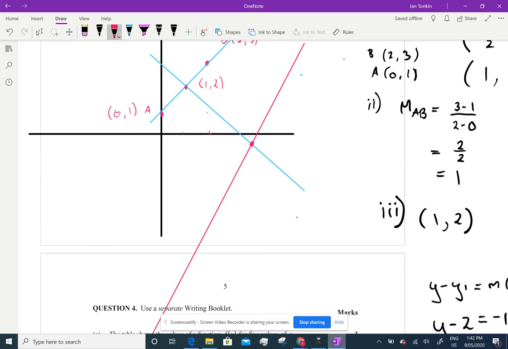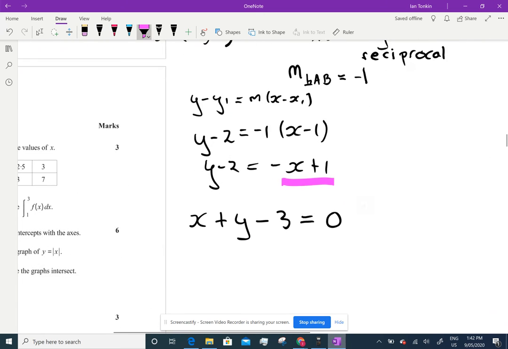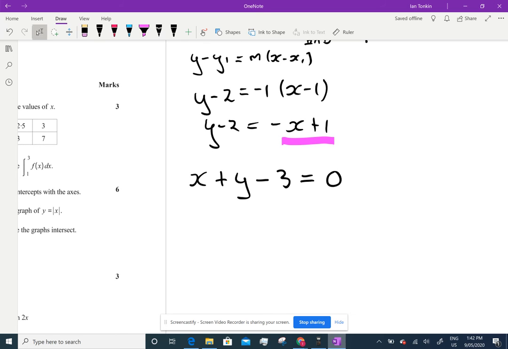Now, this point P must lie on that line, but also be the same distance from A and B. For that, it must lie on that other equation, which we've just got. So we haven't done this yet, so don't stress about it. So here's number 4, and we're not going to do it.